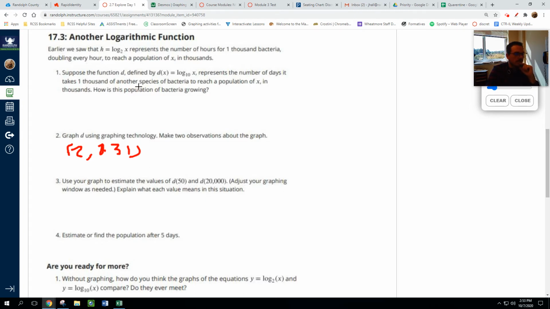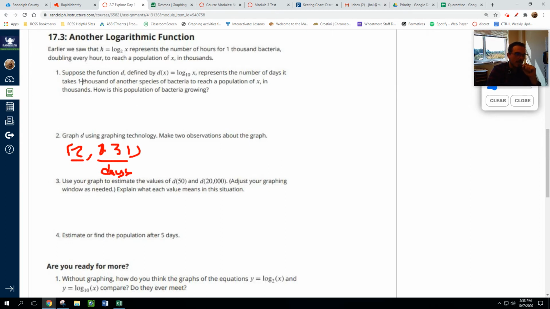So 1,000 of a species of bacteria to reach a population of x, right? It's the number of days. So it takes 0.31 days to reach 2,000 bacteria population.